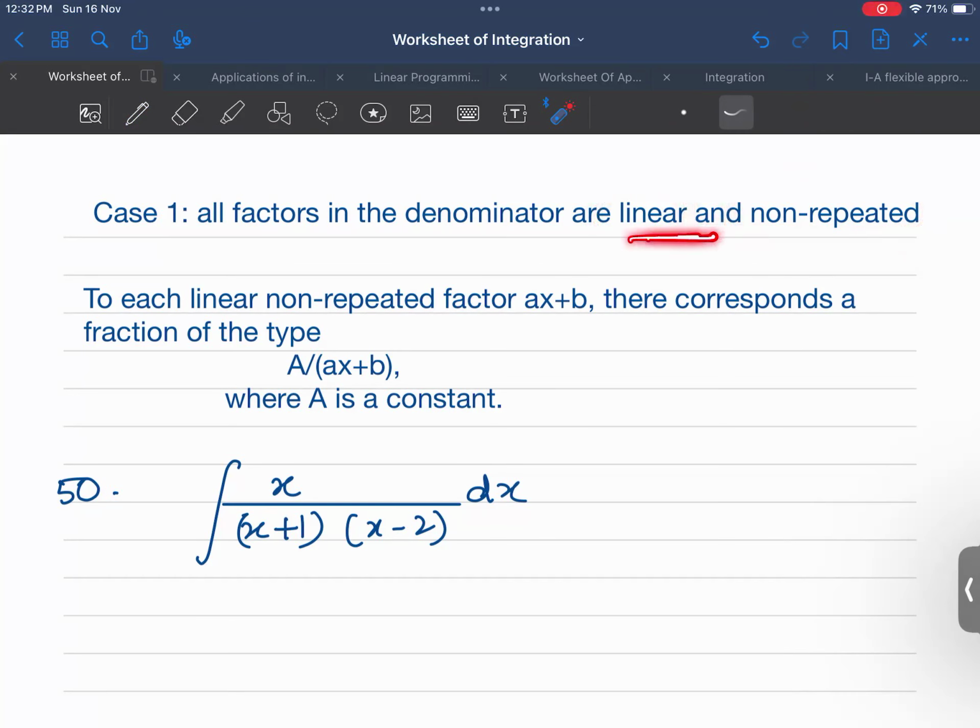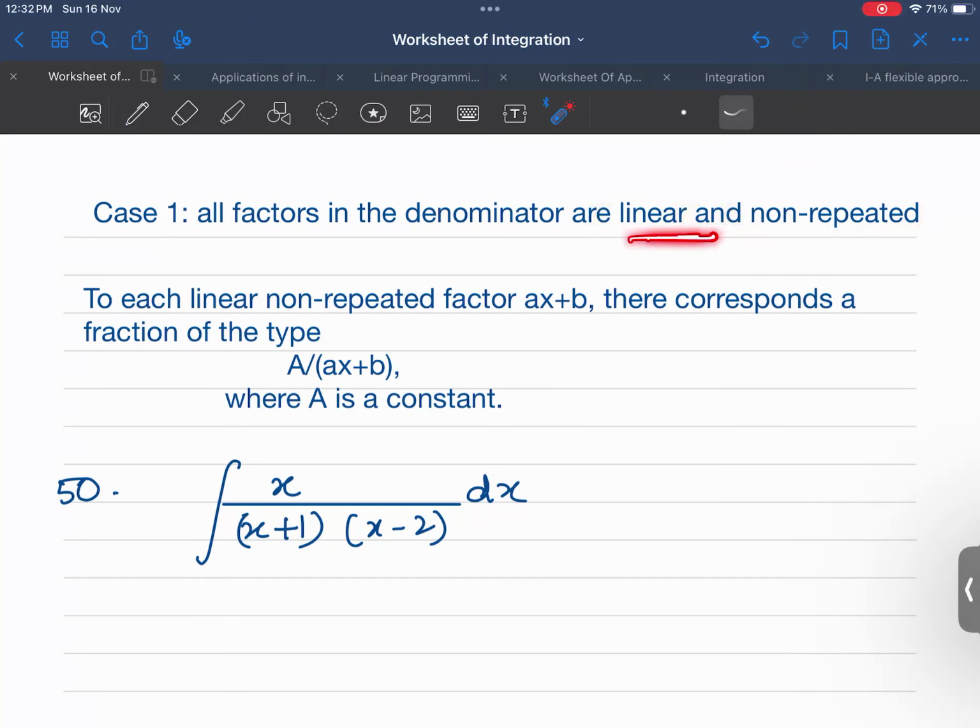Now, if the denominator consists only of linear factors, each factor occurring exactly once, then we have to do it by partial fractions.